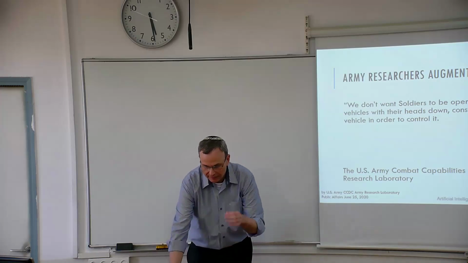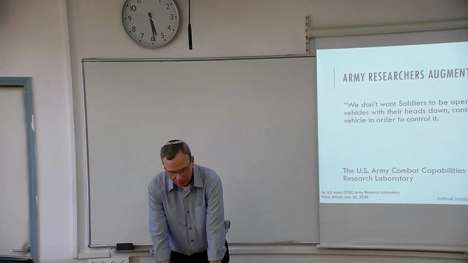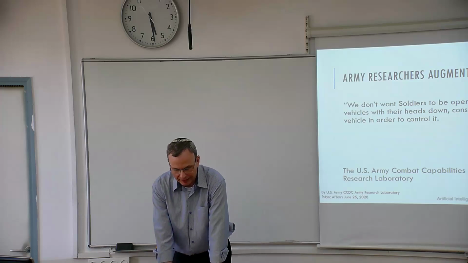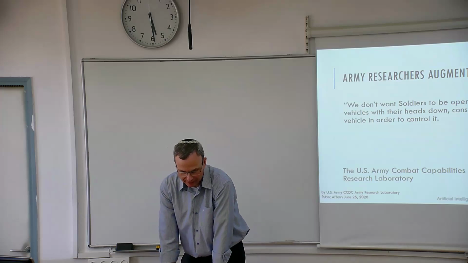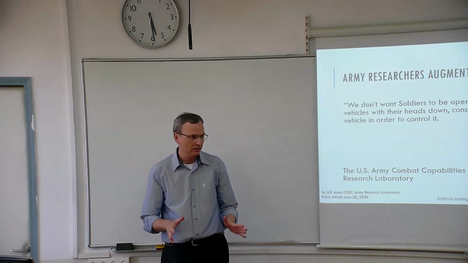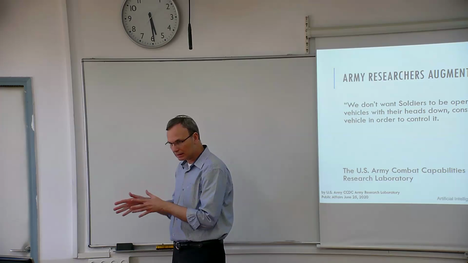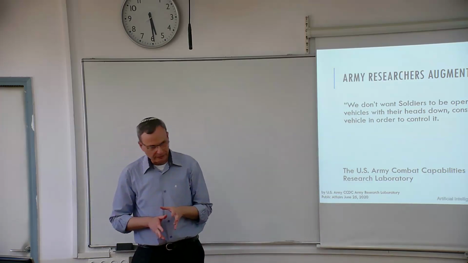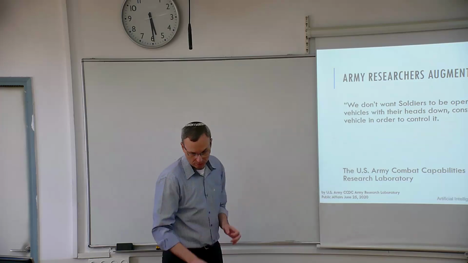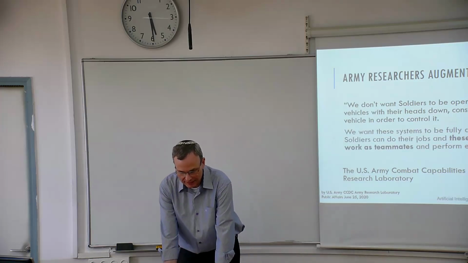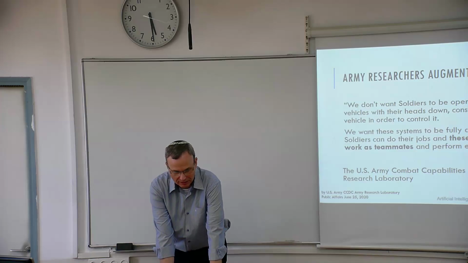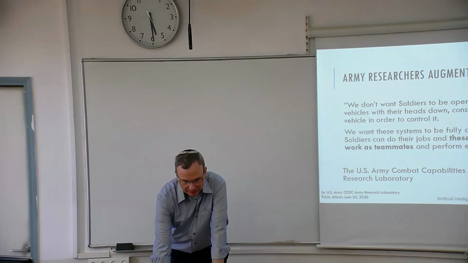However, and this is coming again from the US Army, we don't want soldiers to be operating these remote control vehicles with their heads down, constantly paying attention to the vehicles in order to control them, okay? So they need to be autonomous. Real soldiers have their task, they need to fight. We don't want them to navigate the robot. We want these systems to be fully autonomous so that these soldiers can do their jobs, and these autonomous systems can work as teammates and perform effectively on the battlefield.